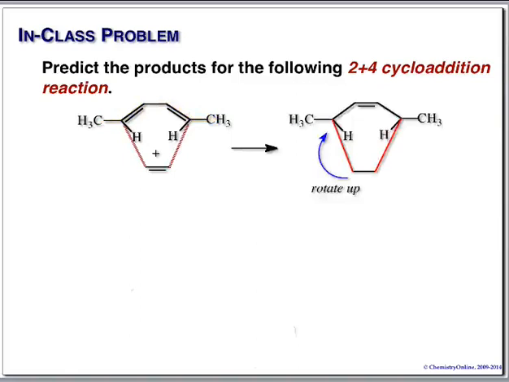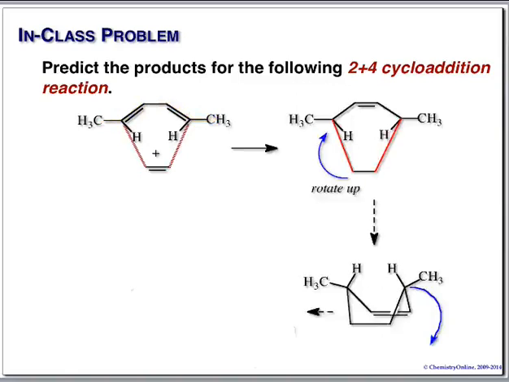There's the bonds we just made. Rotate this down, this up, so we get our boat. Let's make sure we draw the boat right. This goes hydrogen methyl, methyl hydrogen.